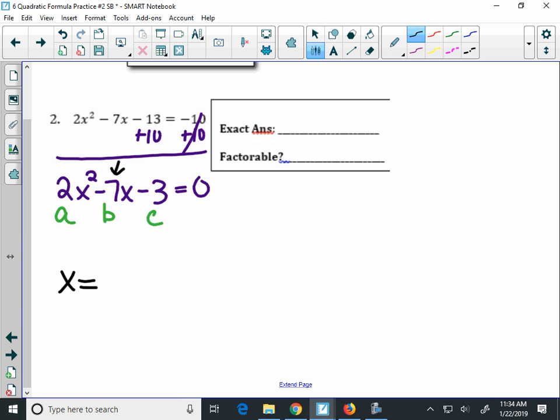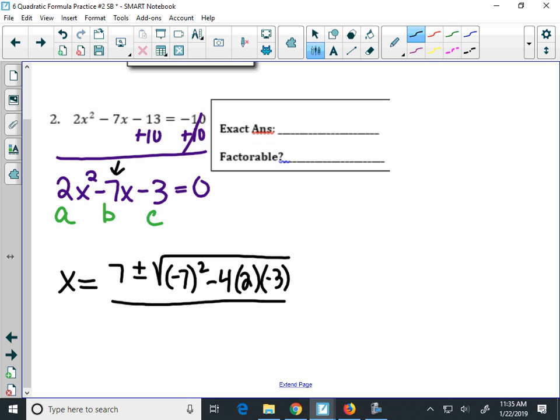B is -7 here, so the opposite of -7 is +7. When I put -7 in here to square, it must be in parentheses. Minus 4 times 2 times -3, all over 2 times A, 2 times 2. Now to simplify this, 7 plus or minus.